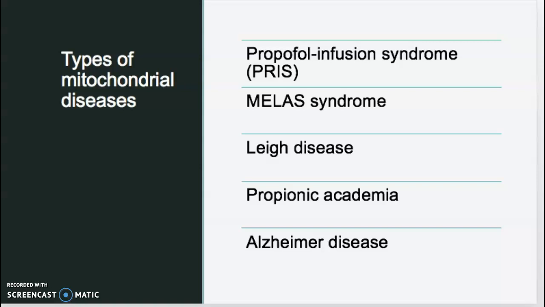And then you have Leigh disease, and this disease is characterized by a progressive neurodegenerative course, and it has subacute necrotizing encephalopathies. And this can generally be seen in children with developmental delays, seizures, and ataxia.